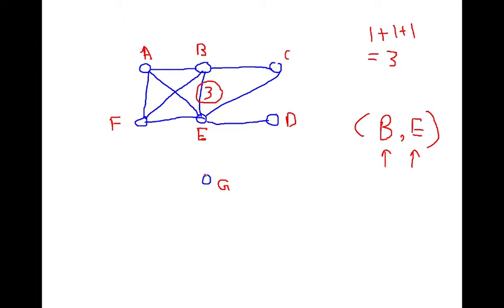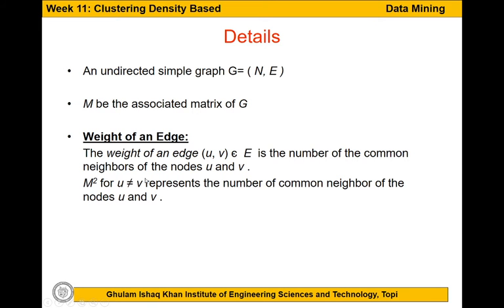So here the weight of the edge is represented by the number of common neighbors between U and V, right?